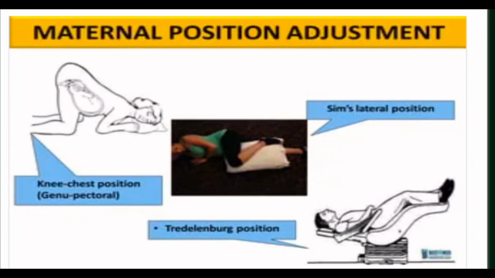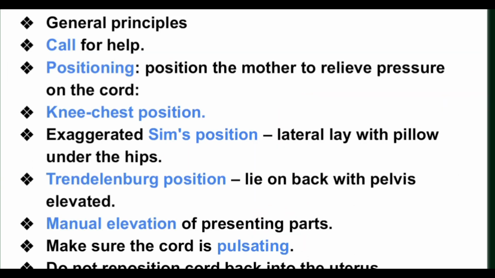We've got the knee chest position in the first instance, the Sims lateral position, and the Trendelenburg position. So in the knee chest position, the exaggerated Sims position is just a lateral lie with a pillow under the hips. We've got the Trendelenburg position, just lying on the back with the pelvis elevated.